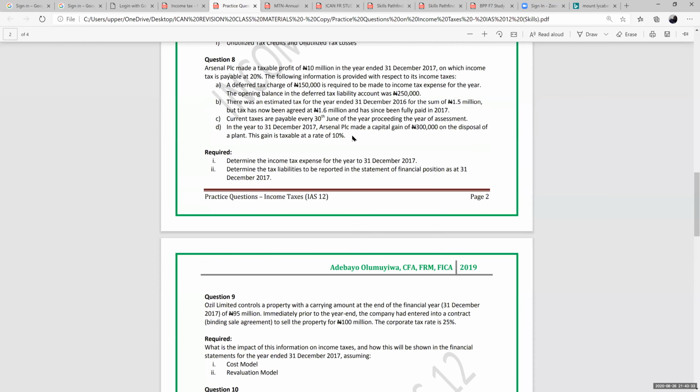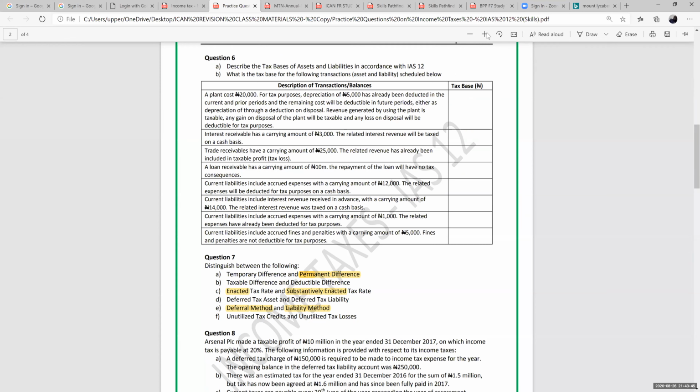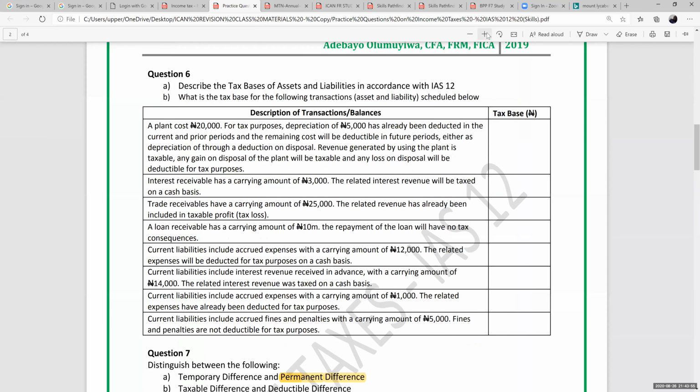Question 6 says, describe the tax basis of assets and liabilities in accordance with IAS 12. And B says, what is the tax base of the following transactions, assets and liabilities as scheduled below? Now, the first question is, what is the tax base of an asset? And what is the tax base of a liability?